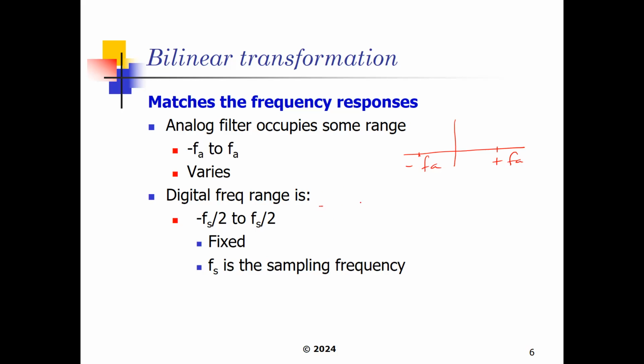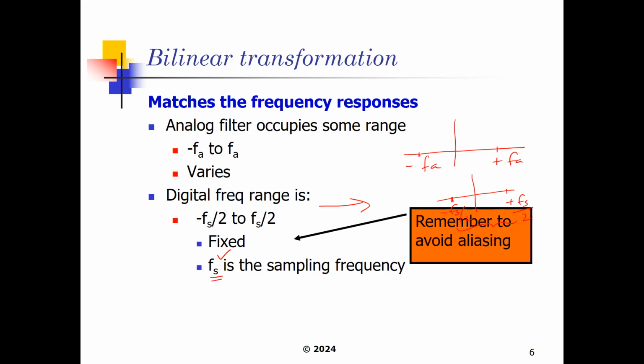Once you have picked Fs, however, your discrete frequency range is always confined to minus Fs over 2 to plus Fs over 2. Yeah? The analog range, we can pick what we want because we don't have any sampling frequency to deal with in that.